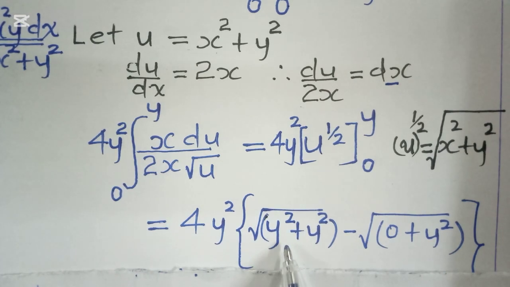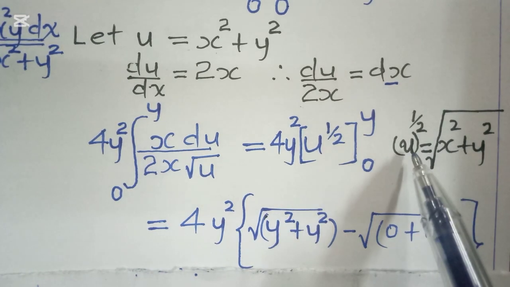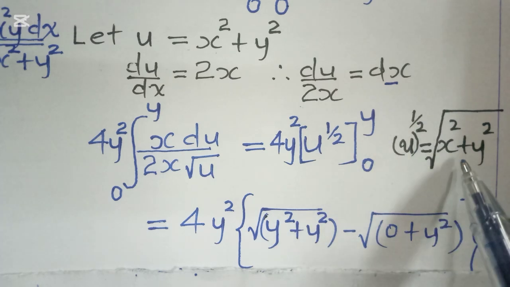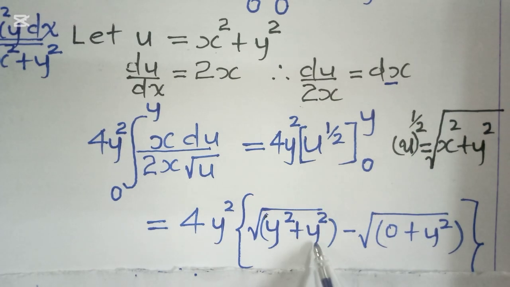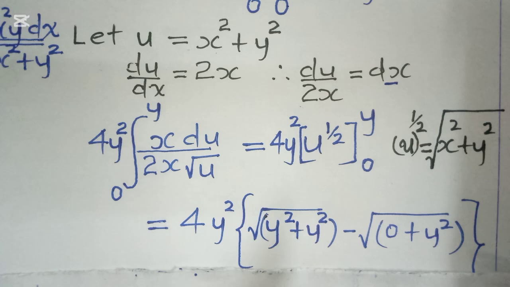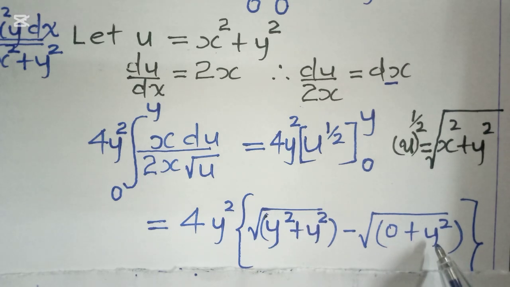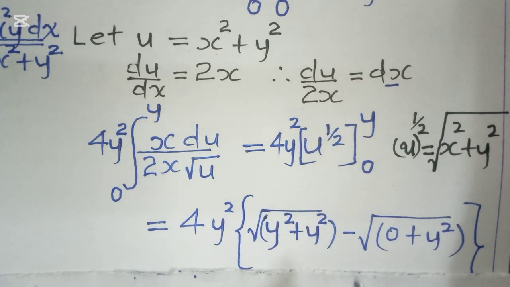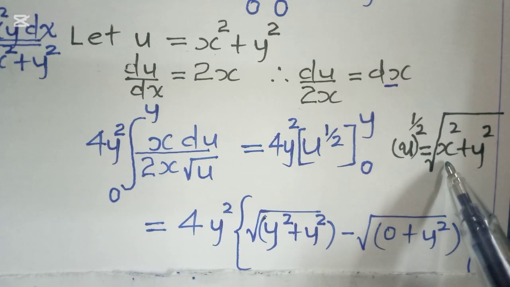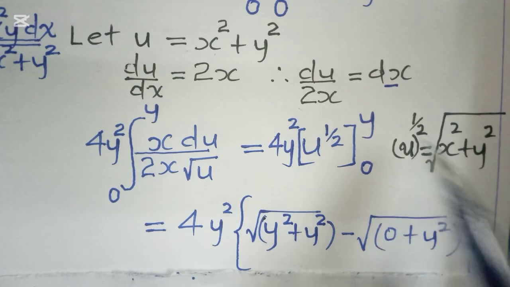In the place of u, you have u raised to a half, which is the same as that. So, guys, in the place of y, here, this y is what now we are going to put our y, and this becomes y squared. And for this other one, sorry, guys, in the place of x is where we are putting our y.